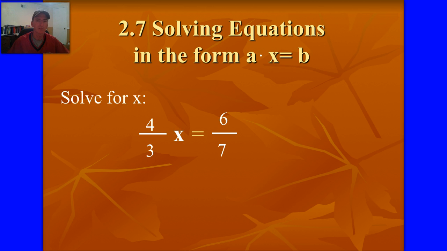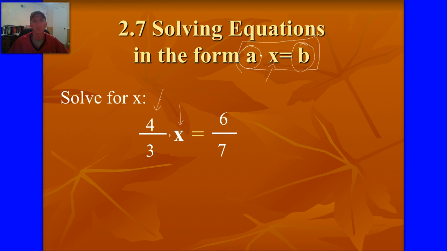Let's see a way that we use this as we start to look at some algebra problems like a times x equals b. Now, when you see something like this, that just means a is some number, x is going to probably be that variable unknown x, b is probably going to be some number. Here's an example. 4/3 times x is equal to 6/7.